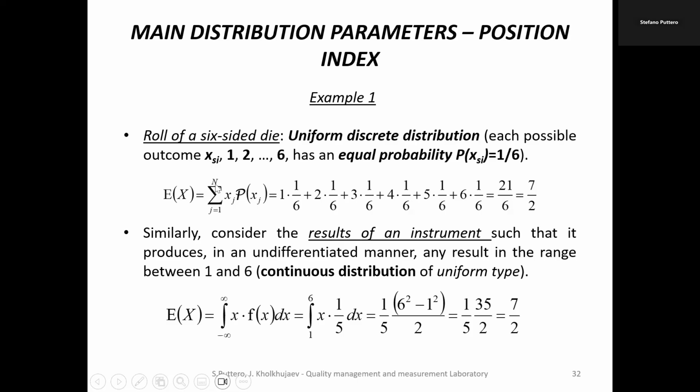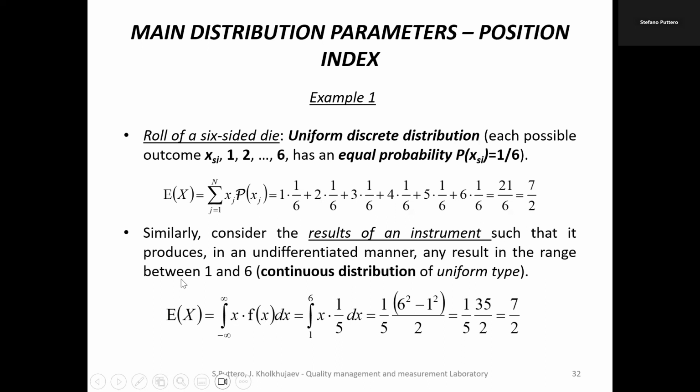And so instead of using the sum, we can use the integral. The formula of the expected value for a continuous random variable is the integral between minus infinity and plus infinity of x multiplied by the probability density function, fx of x.